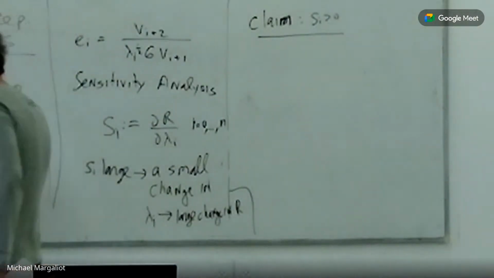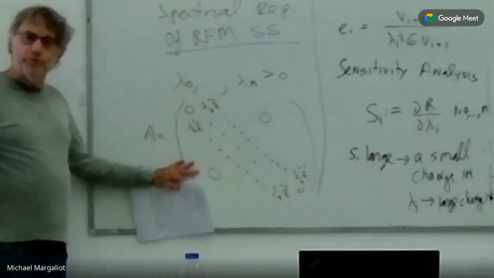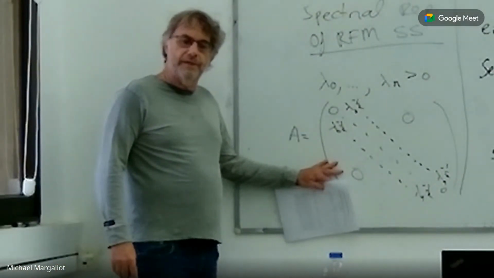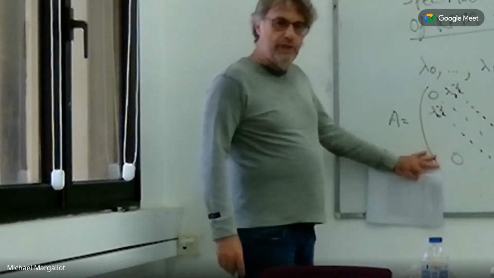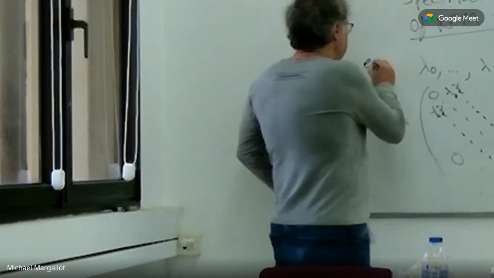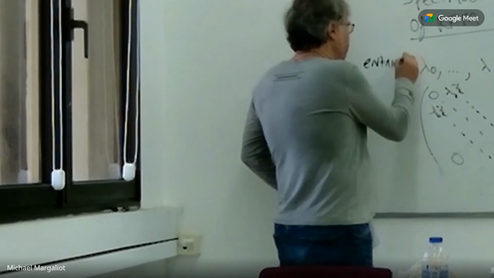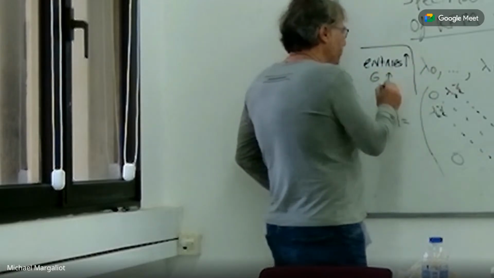When we compute the Perron root of a component-wise non-negative matrix, we know that if any entry of the matrix increases, then sigma also increases.